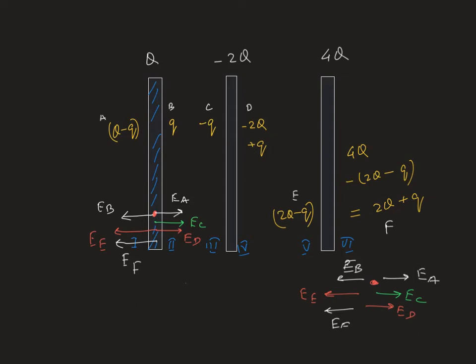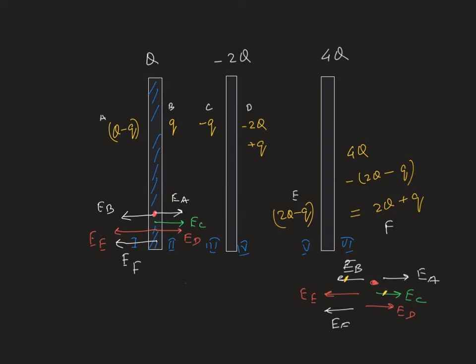Now there are some that are going to get cancelled out. Which are the ones that are going to get cancelled out? For example, the ones from B and C. As you can see, field due to B is towards left and field due to C is towards right, and the magnitude of charges are equal and opposite. So the magnitudes are equal and the fields are in opposite direction, we can definitely have EB and EC cancelling out.